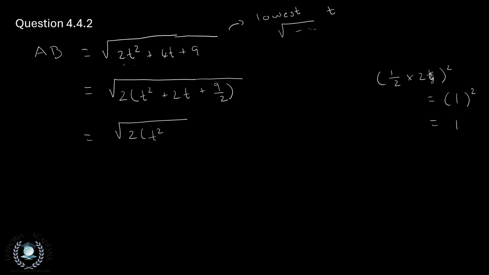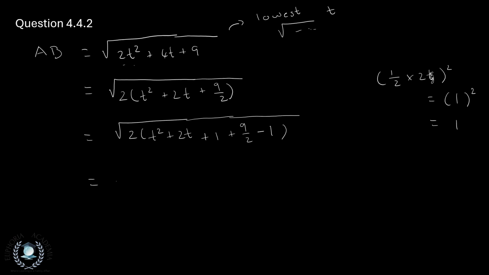So we're going to replace that into our equation. So t to the power of 2 plus 2t plus 1, and then I'm just going to write 9 over 2 minus 1. Now you have to take away the one that you just added, because if you don't, you're changing the equation fundamentally.